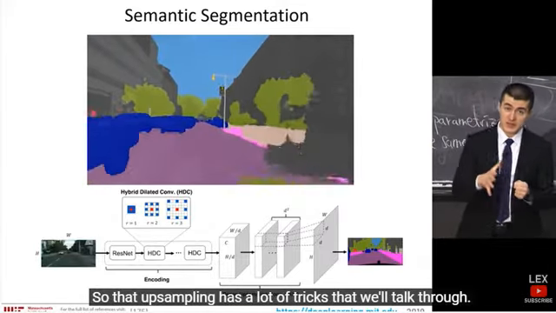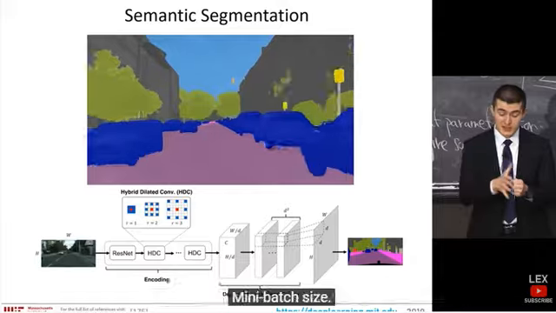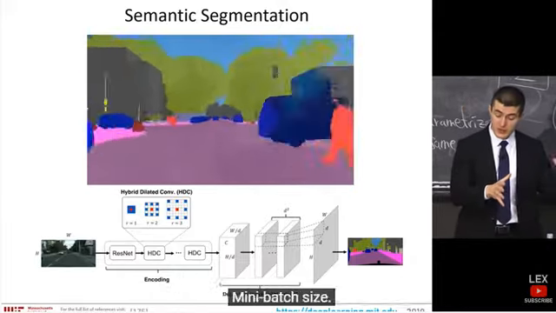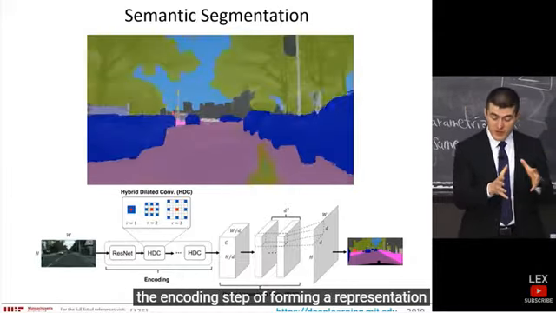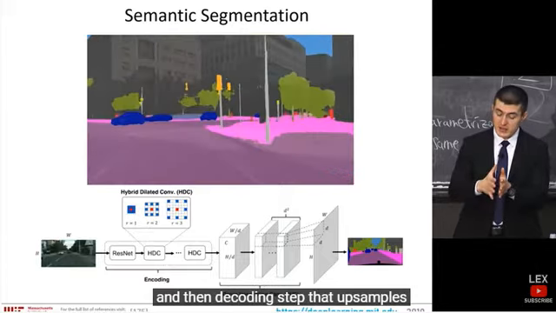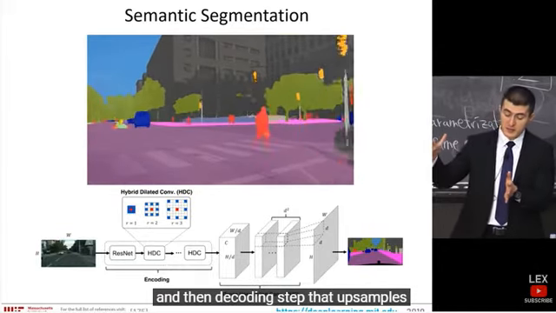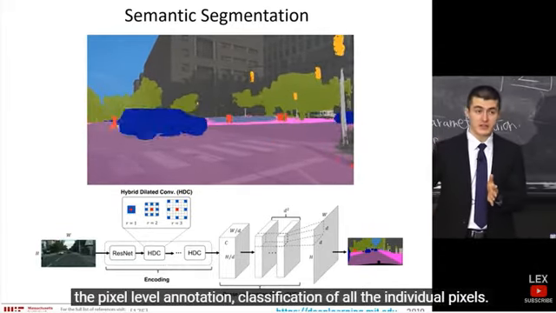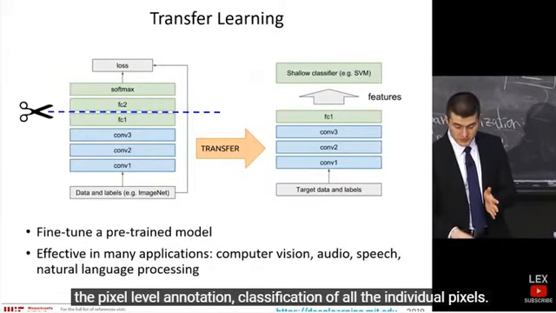There are a lot of tricks for that upsampling that we'll talk through, but it ultimately boils down to the encoding step of forming a representation of what's going on in the scene, and then the decoding step that upsamples the pixel level annotation classification of all of the individual pixels.